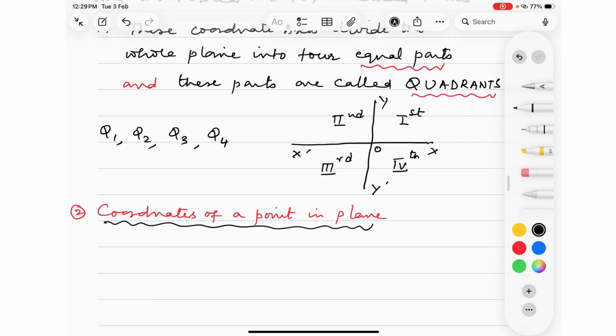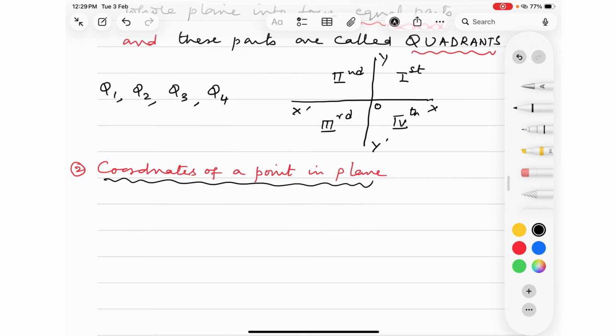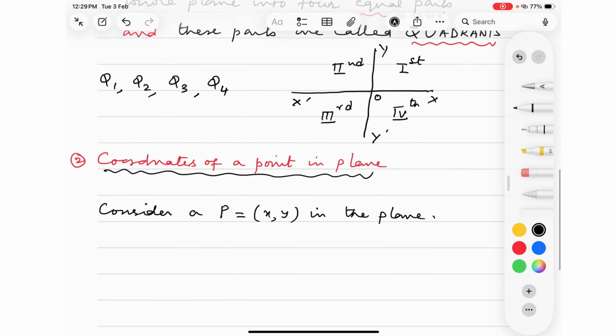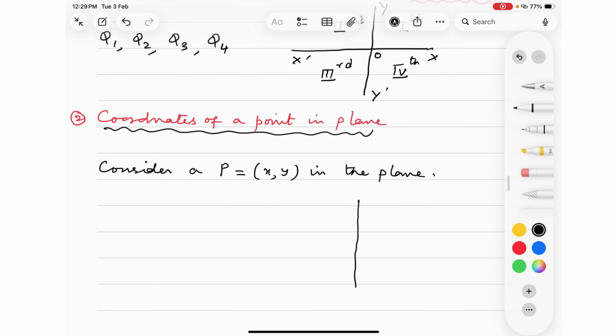Consider a point P. Let us say point P is (x, y) in the plane. Now this is X O X dash, Y O Y dash, and this is the point P on the plane.